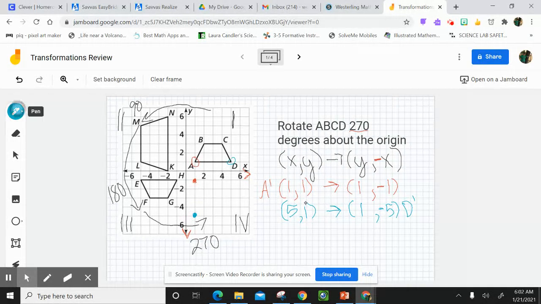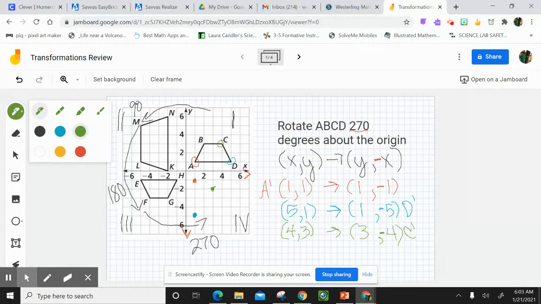Now I'm going to look at C. My original C is at (4, 3). And I'm just going to flip-flop those. So 4 is now my y coordinate, but it's the opposite, and 3 is now my x coordinate, and that is now C prime. So I have (3, -4).